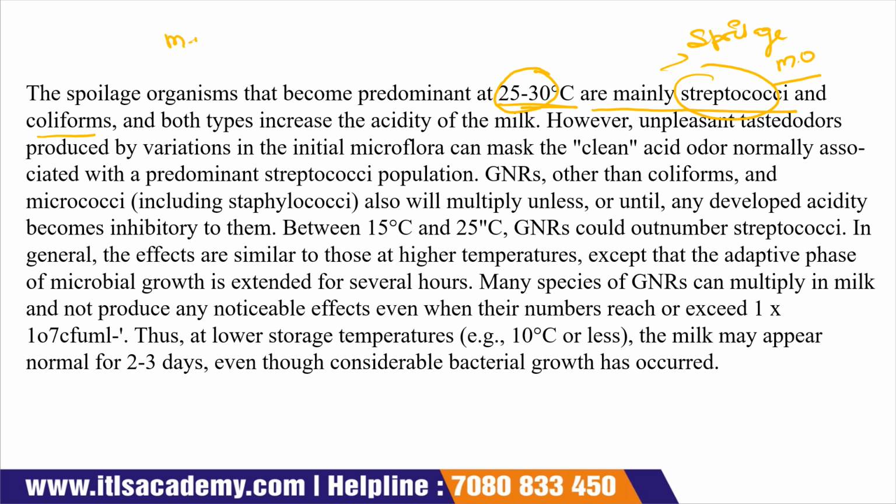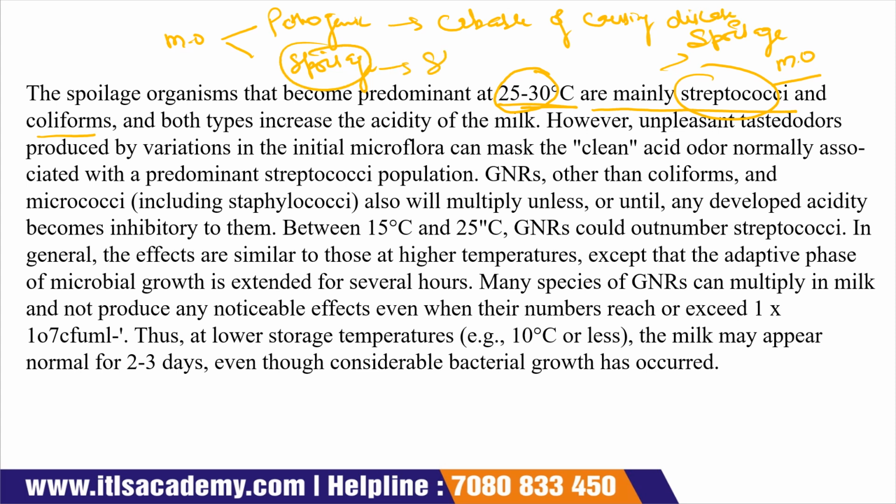These microorganisms are of two types. One is pathogenic and another one is spoilage. Okay, so the pathogenic microorganisms are capable of causing disease. But the spoilage microorganisms spoil the food product.